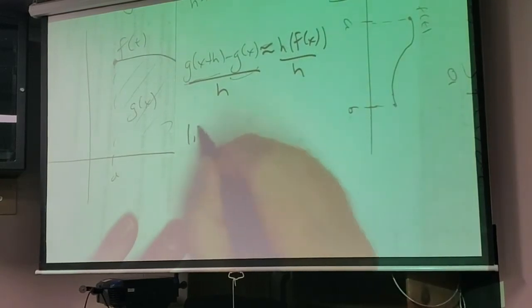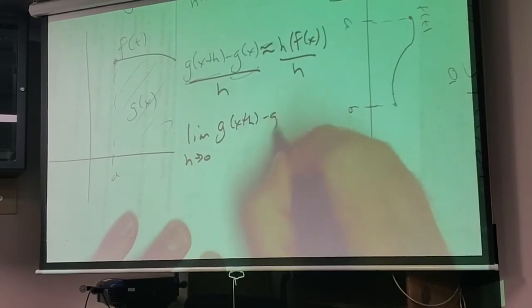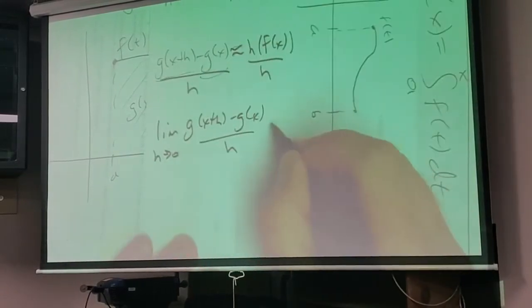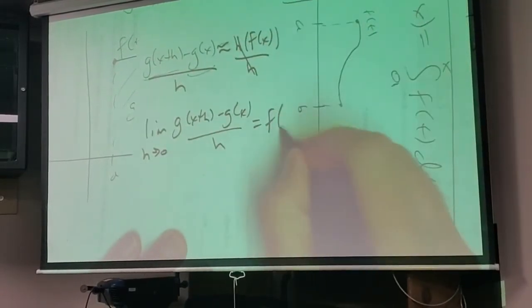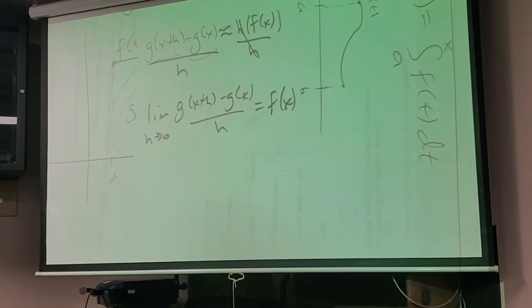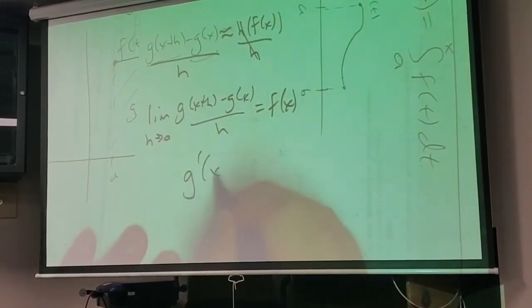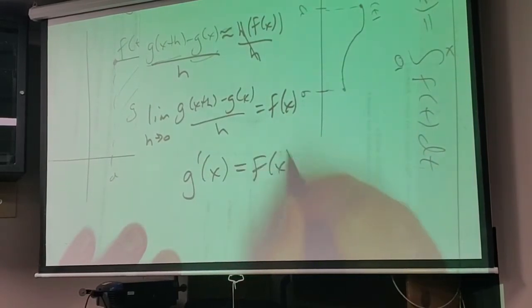So the limit as h goes to 0 of g of x plus h minus g of x over h is f of x. So that means that the derivative of this new g function is this.